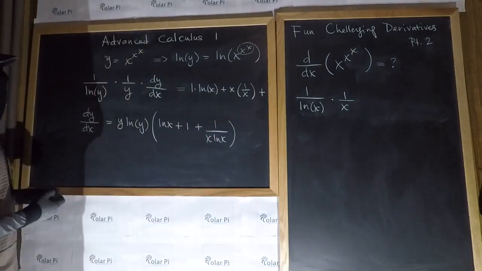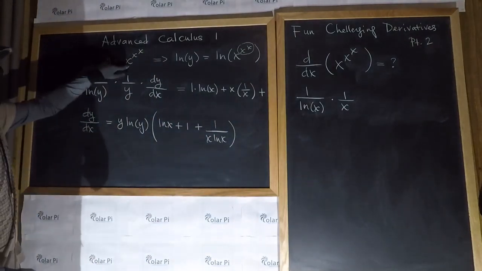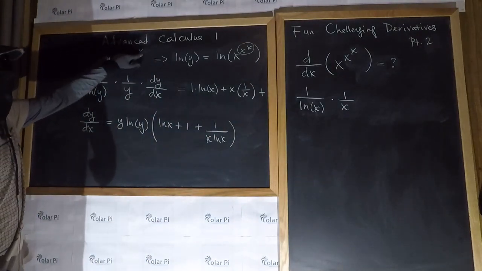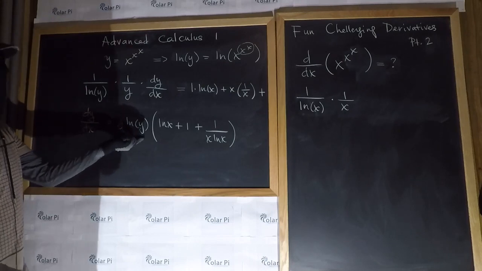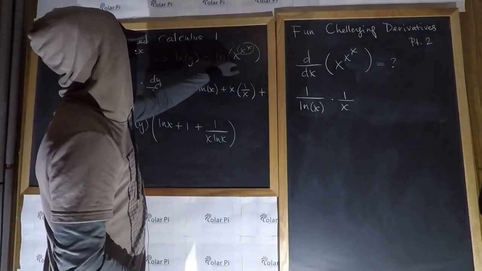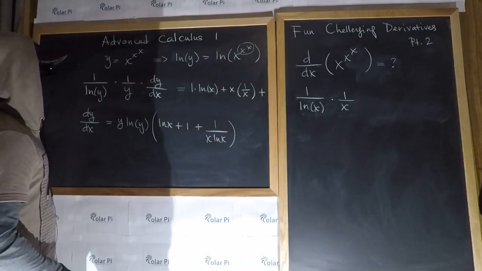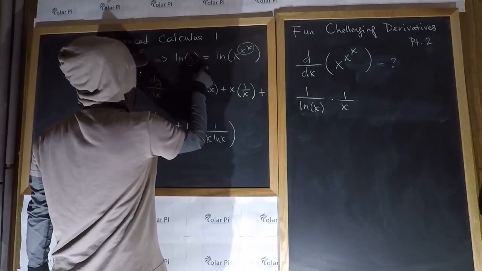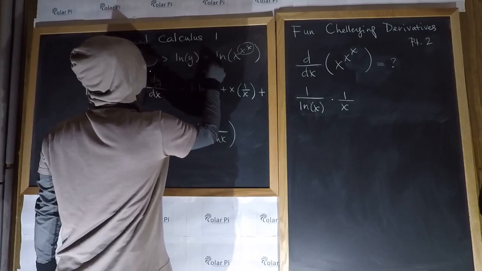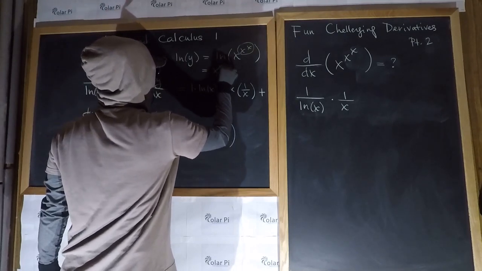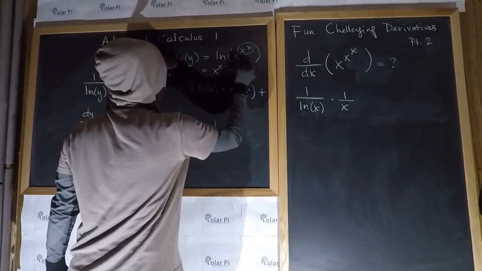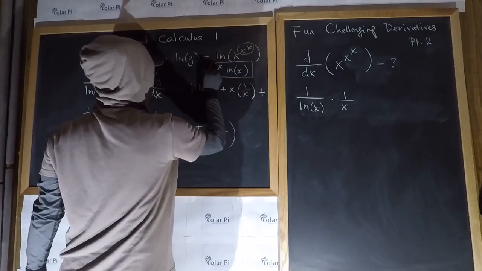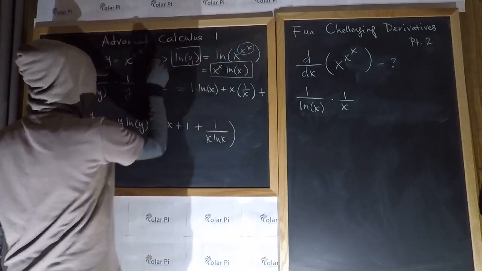Okay, couple of things. One, notice y is x to the x to the x. Also, the natural log of y is the natural log of x to the x to the x, which, as we said earlier, we can write as x to the x natural log of x. And in fact, I prefer to write it in this form, so that's what I'll do on that part.